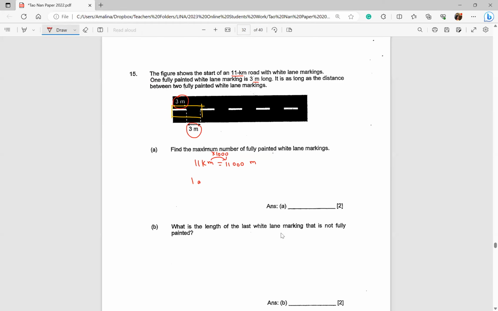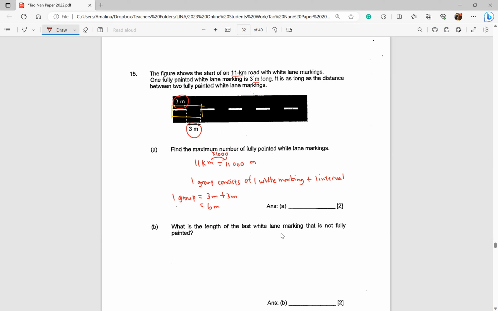So your one group consists of one white lane marking plus your one interval, one gap. So if I want to find the distance for my one group, I will have to add. So 3 meters plus 3 meters means that my one group is 6 m.